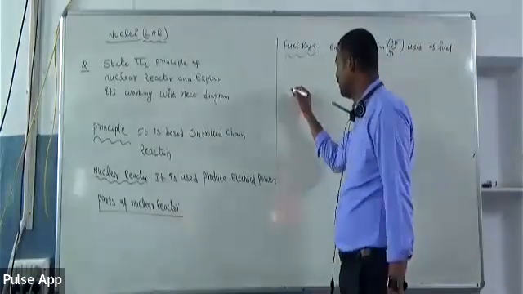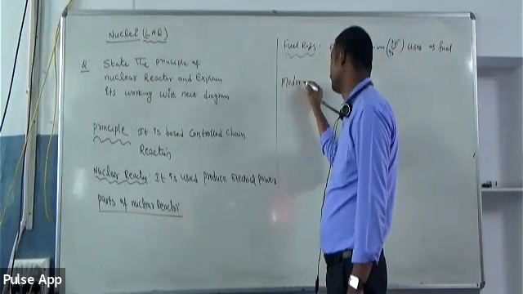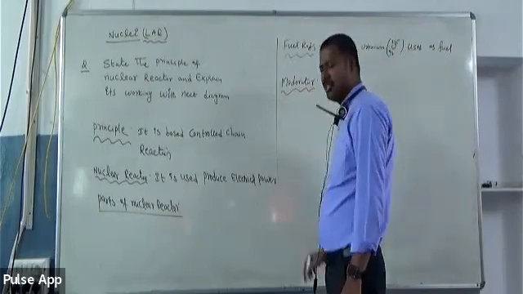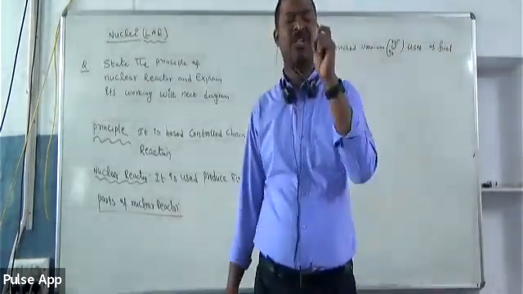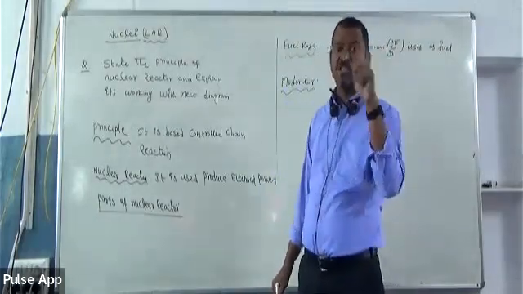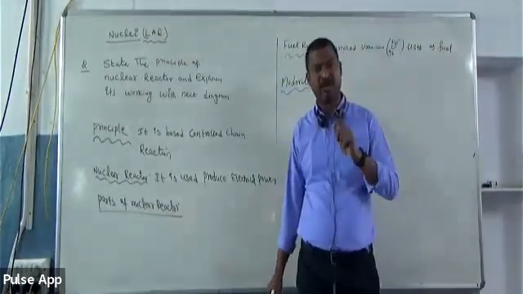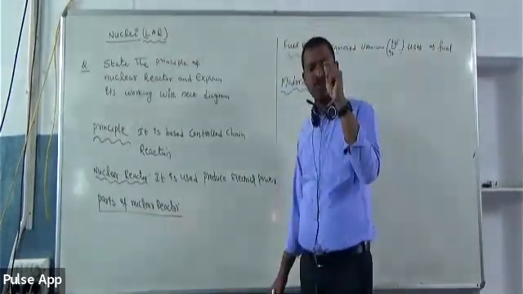Now after the fuel rod, there is the moderator. What is a moderator? Just now I told you, during the nuclear fission reaction, the neutrons emitted are fast neutrons. But to get nuclear fission, when bombarded with a neutron, we require a slow neutron.